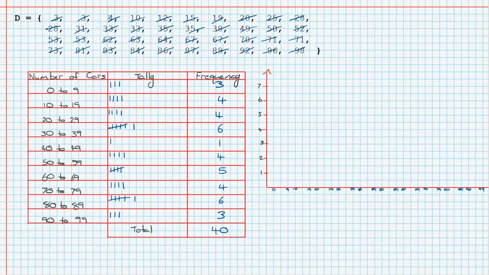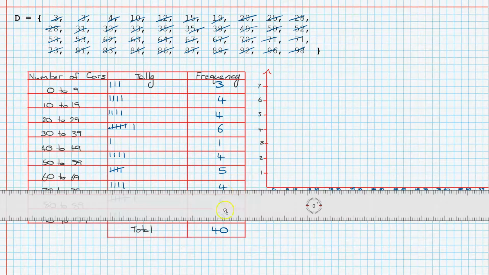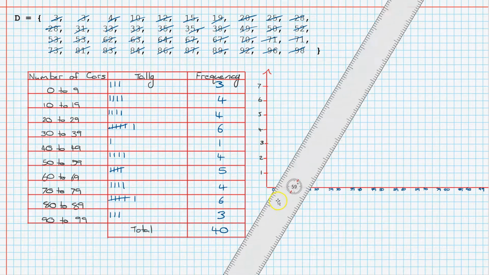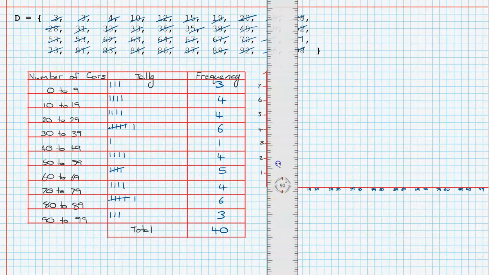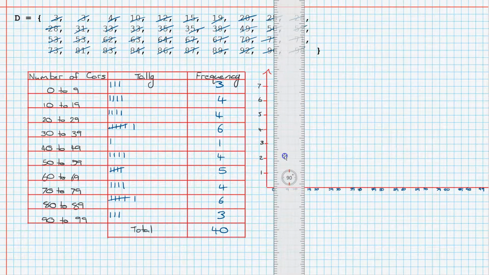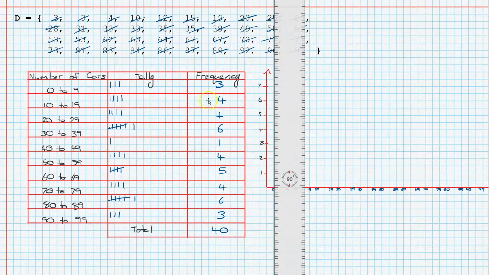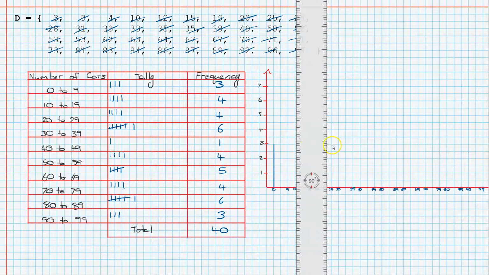So the next step is much like we did in the last lesson when we were building this column graph. We simply measure everything out. So 0 to 9, that was a frequency of 3. 10 to 19, that was a frequency of 4.